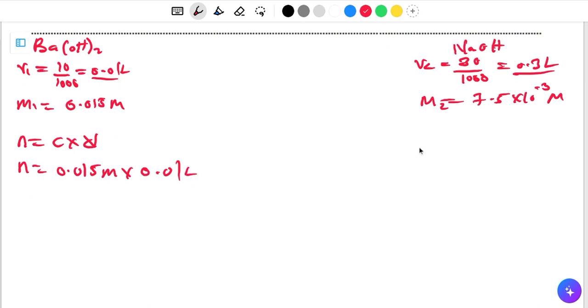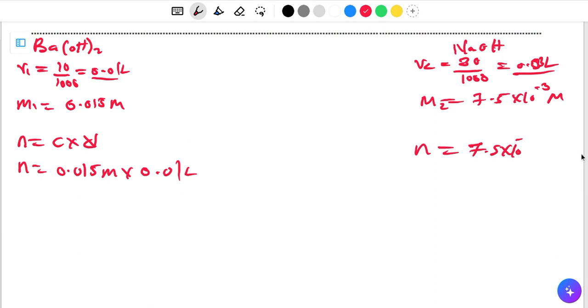What about this one? We have the volume, this one has to be 0.03. We have the concentration, which is 7.5 multiplied by 10 to the power negative 5, then multiplied by 0.03 liters.